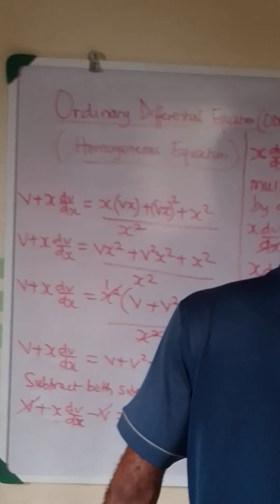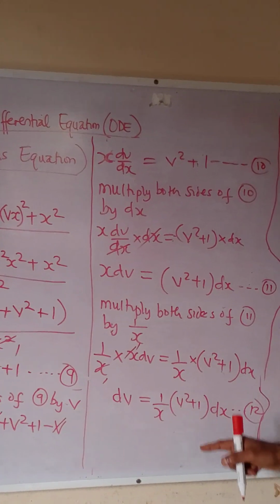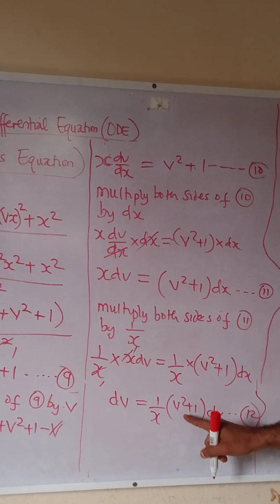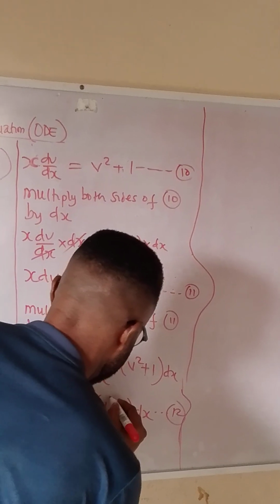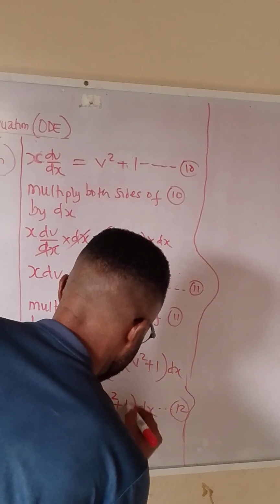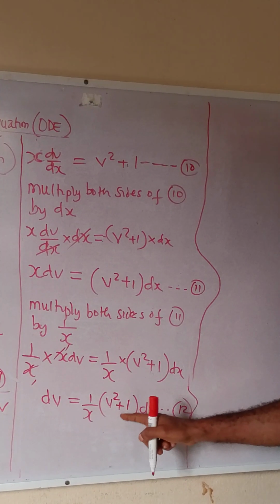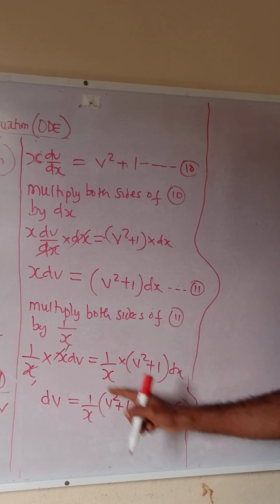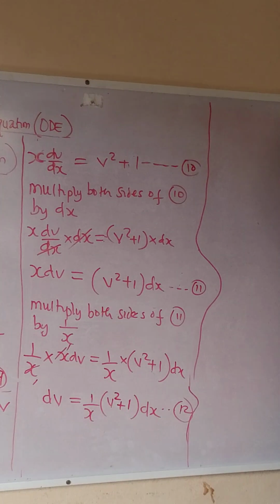So we continue, and then we have to ensure that we also move v squared plus 1. Let me write this properly. This is v squared plus 1. So we have to ensure that this v squared plus 1 gets to the left hand side of the equation.